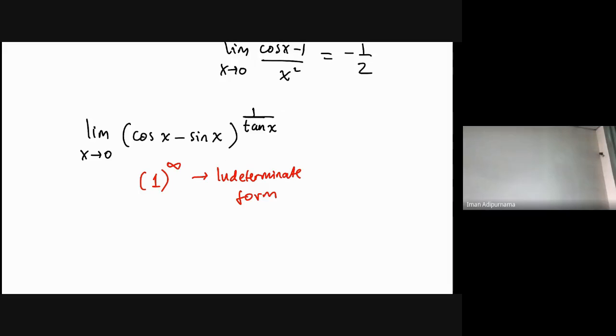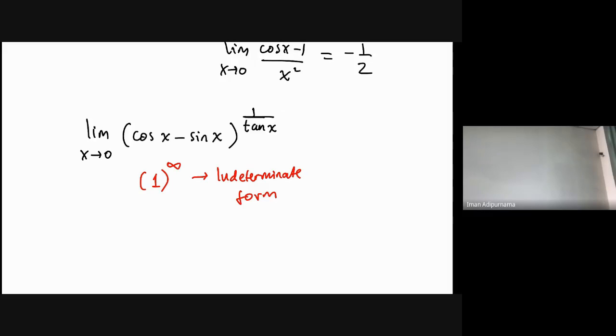You can have e to the power of ln of this whole function and do the limit with e, or you can let y equal all of this, then take ln y, calculate the ln, and at the end change the ln back to the e. That's 2 ways for L'Hopital's Rule.